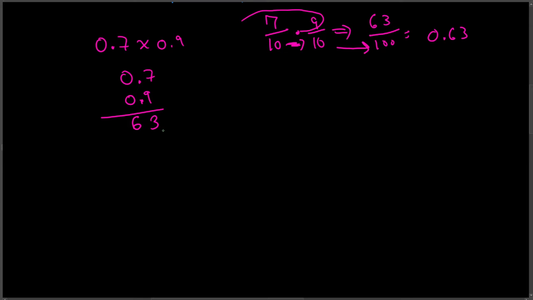So my answer needs 2 decimal places. So I move over 1, 2. And look, we've got the same thing. And it's the fact that the place is equivalent to a denominator for the decimal part that we can just keep track of how many decimal places we have. And our answer will have the same number of decimal places.